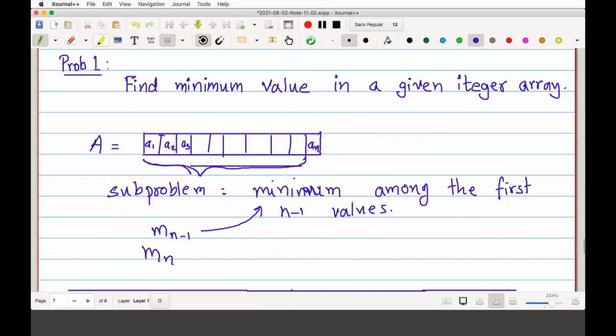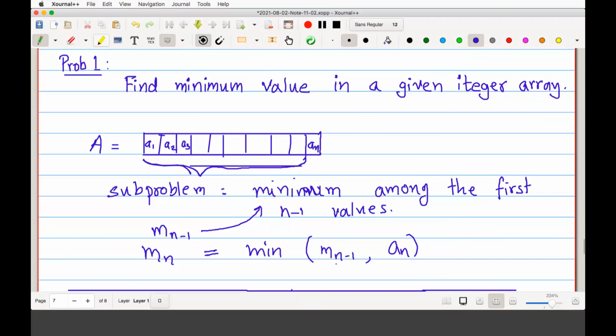Right, so taking the minimum of mn minus 1 and an. Correct. So the minimum among the n values is nothing but the minimum of two things: one is mn minus 1 and one is an. So this is how we solve our original problem using the solution for the subproblem.